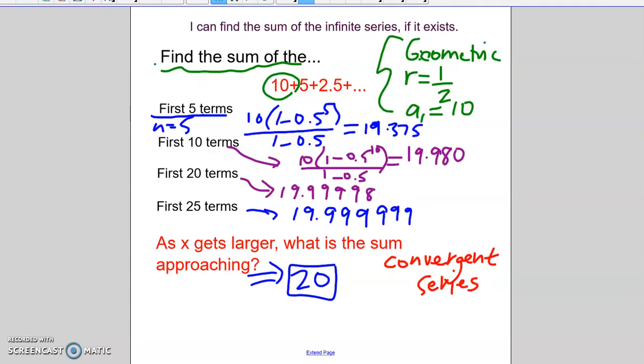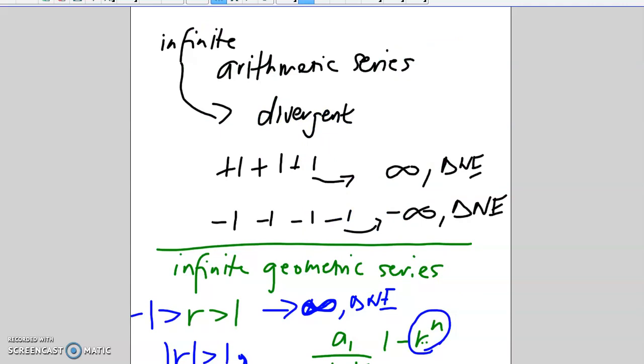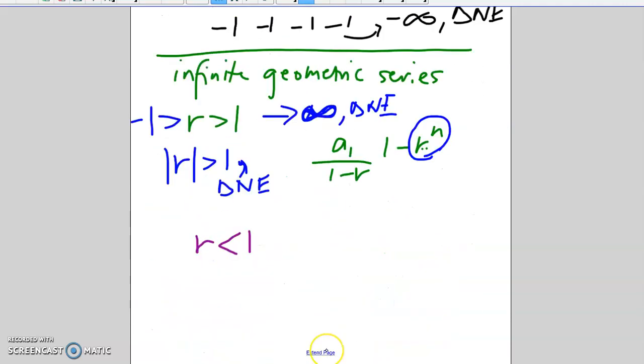We saw an r value of 0.5 or 1/2 here. So in the case where the r value is less than 1, or the r value is greater than negative 1, so it could be negative 0.5, in those cases we have this sum formula, 1 minus r to the n.